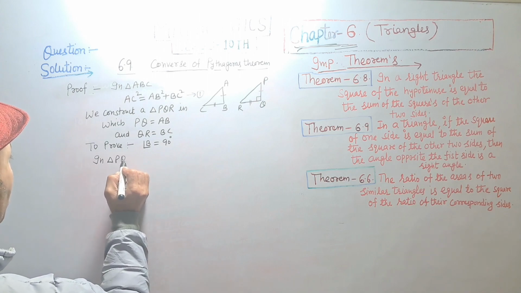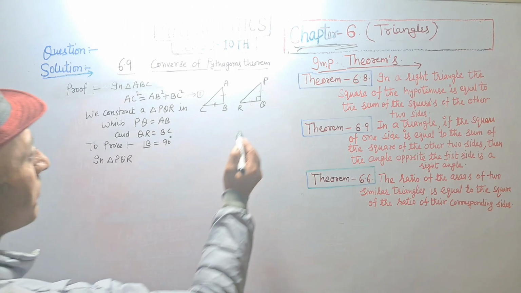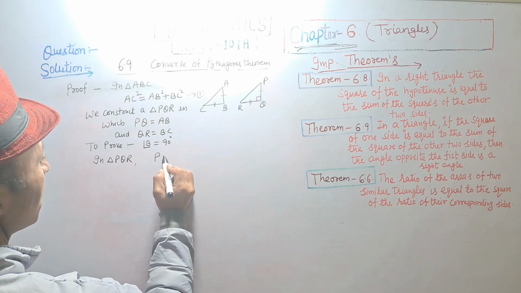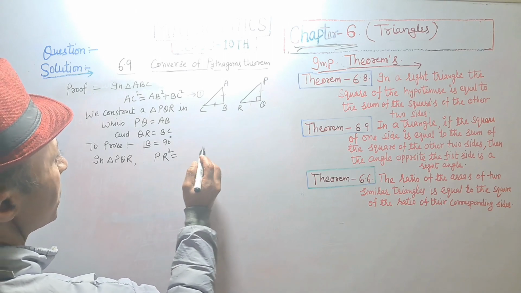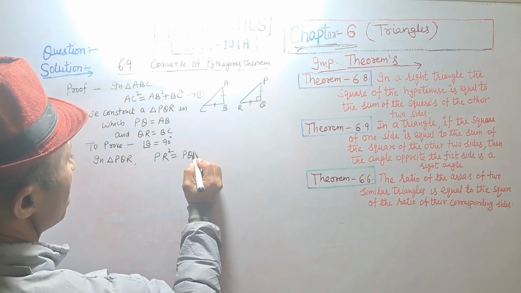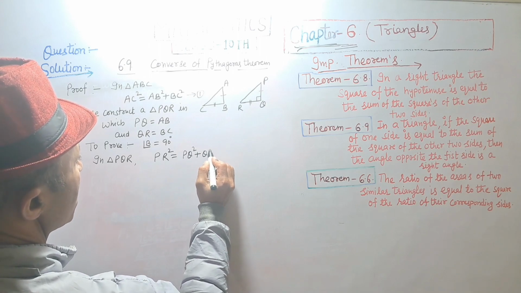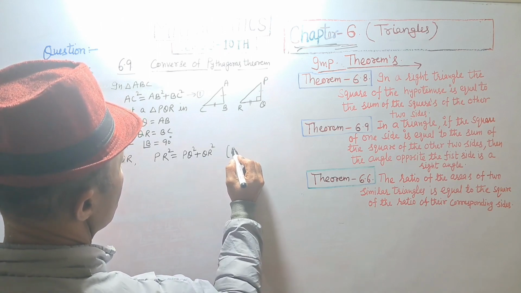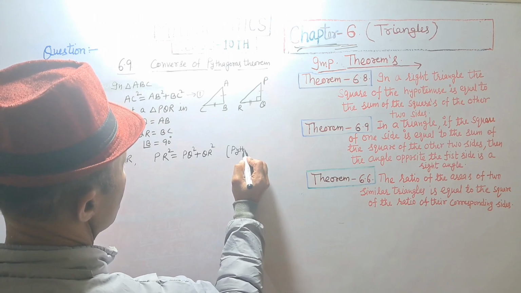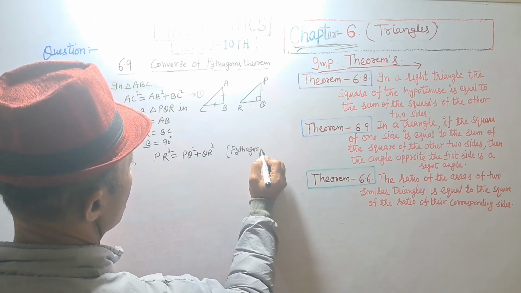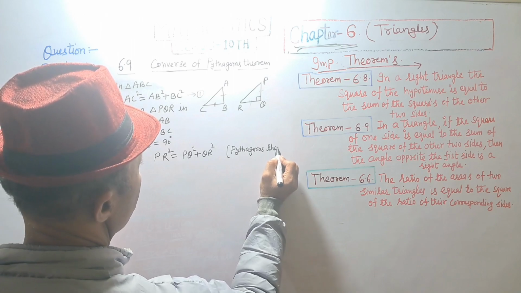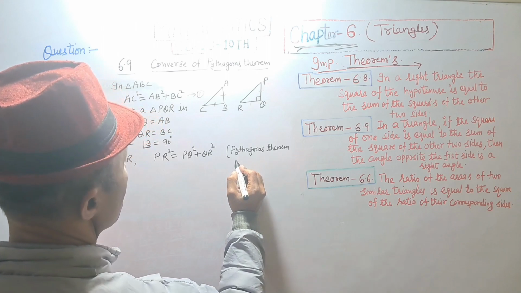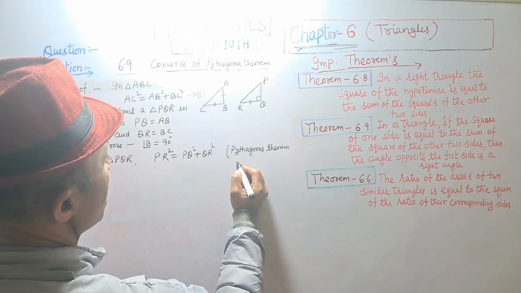In triangle PQR, PR square is equal to PQ square plus QR square, by Pythagoras theorem, in which angle Q is 90 degrees.